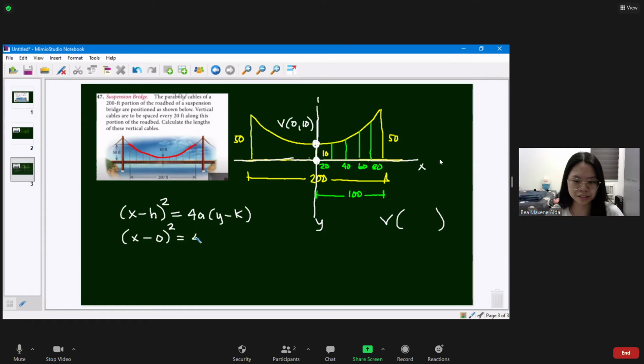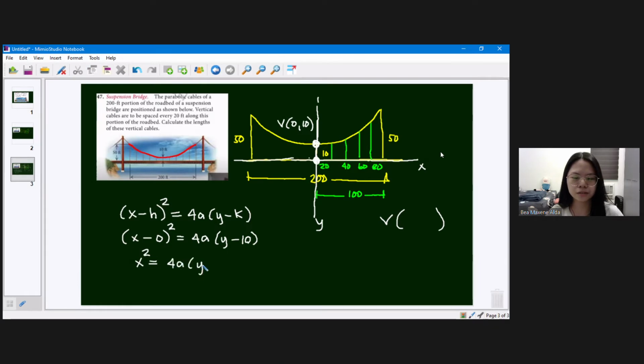Well, yes, there we go. 4a times y minus 10. Okay. Again, x squared is equal to 4a, the quantity of y minus 10. Ayan. Paano ba yan? Wala na nga tayong x at y, tapos wala pa tayong a. Well, that's exactly what we're going to be looking for.